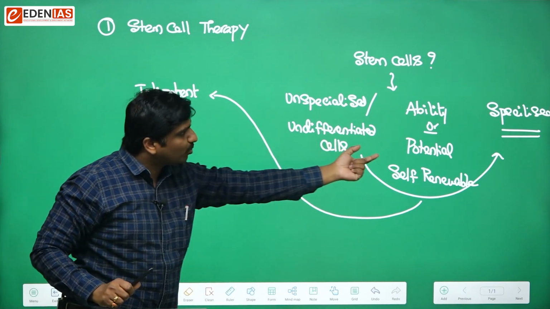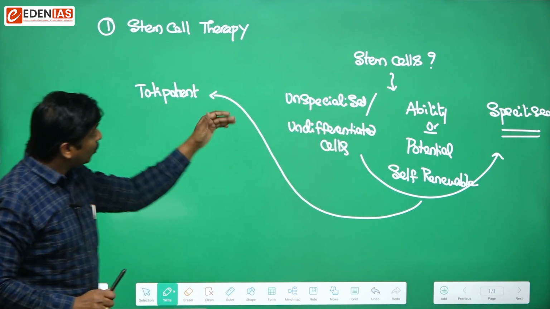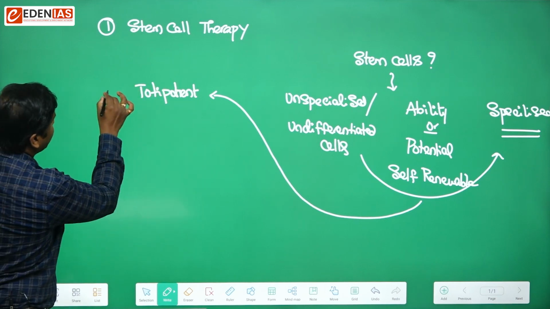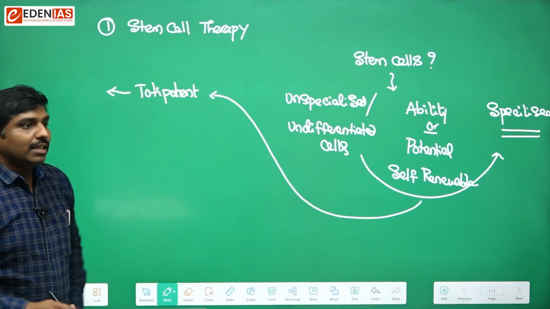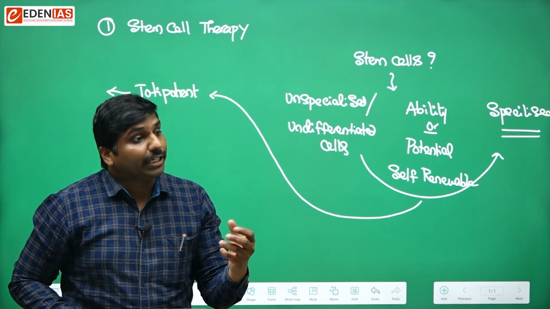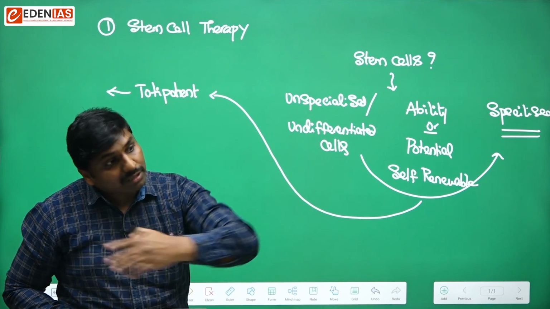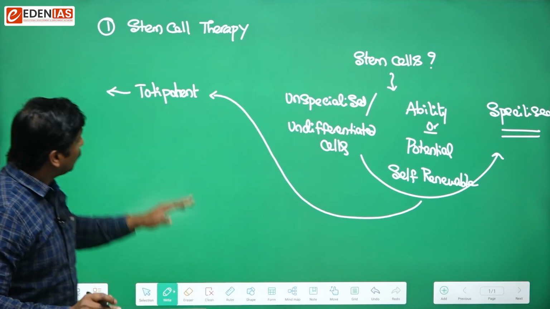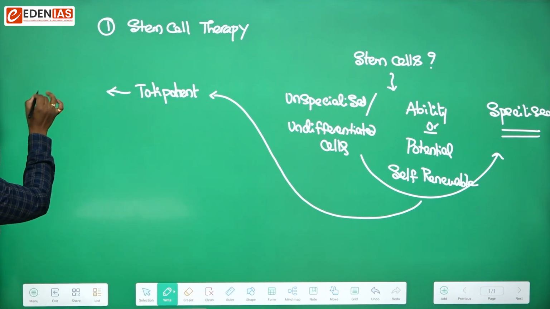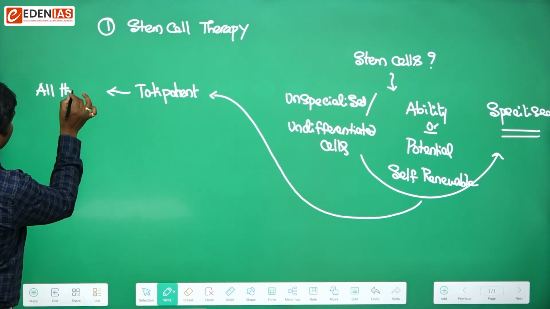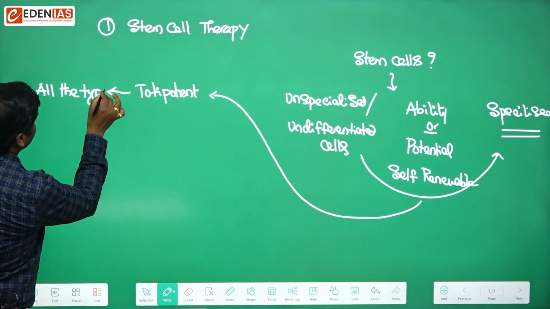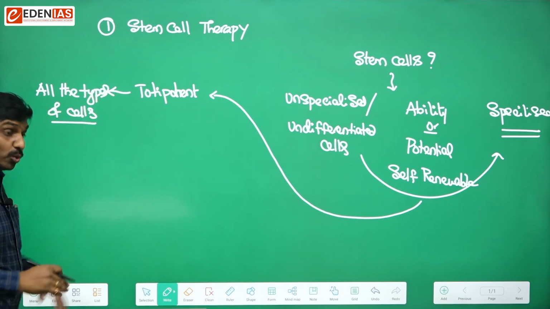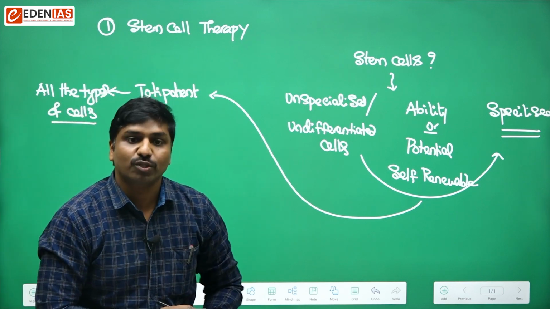Potent simply means ability. Toti, you remember, is like total. That means certain stem cells will have the ability to develop into almost all the types of cells that are present in the body. So total ability, that is totipotency.